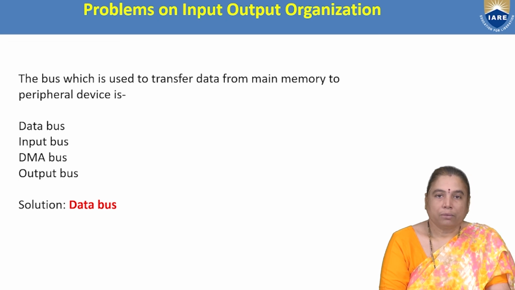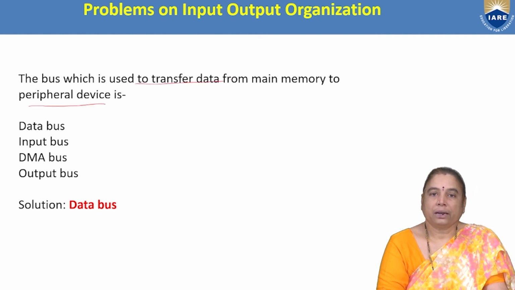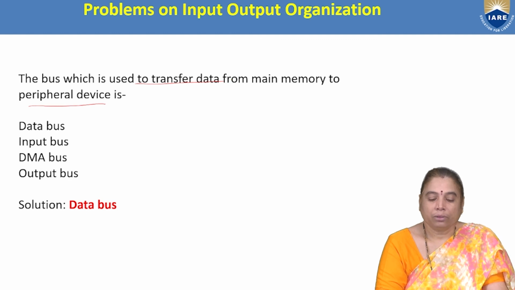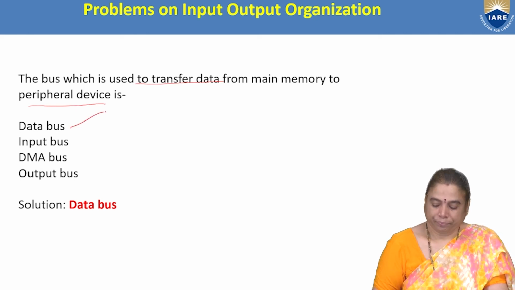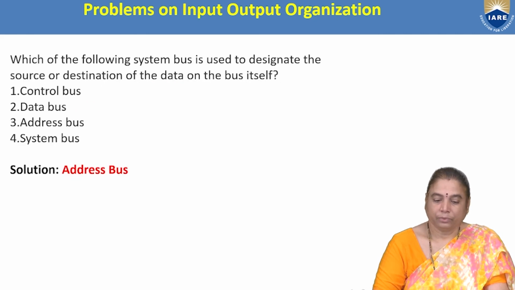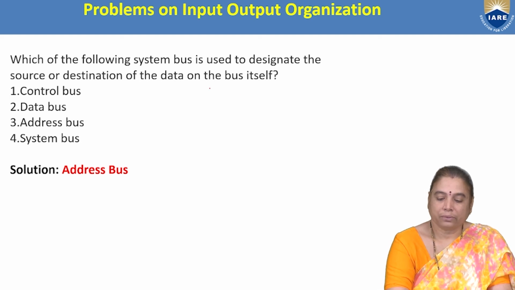So here, which bus is used to transfer data from main memory to the peripheral devices? While performing read and write operations, the bus used to carry the data is the data bus. Next, which of the following system buses is used to designate the source or destination of the data on the bus itself?